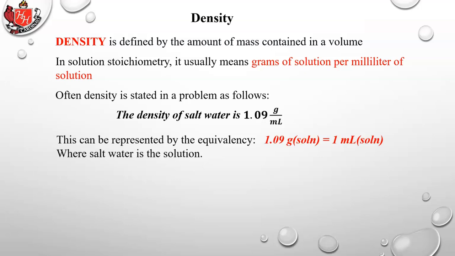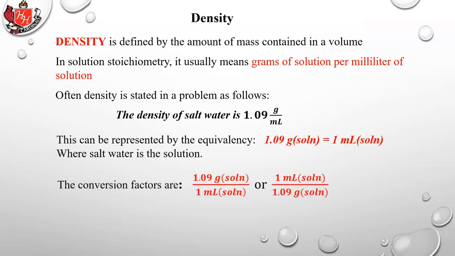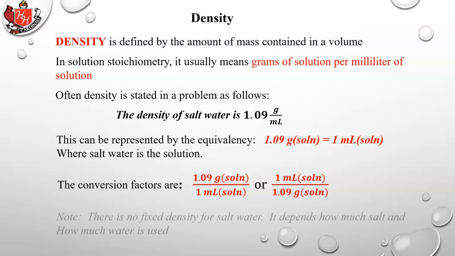So this can be represented by 1.09 grams solution equals 1 milliliter of solution, where salt water in this case would be the solution. The conversion factors then, you could have two of them: 1.09 grams of solution for every 1 milliliter of solution, or 1 milliliter of solution for every 1.09 grams of solution, and you just use that like we do any other conversion factor.